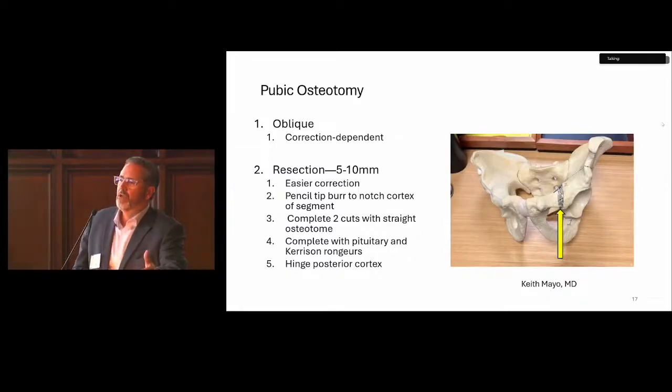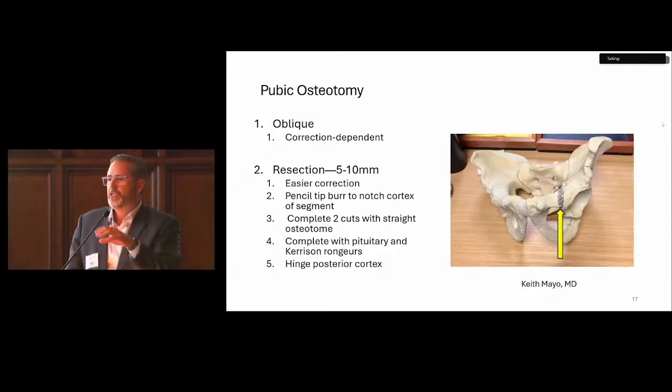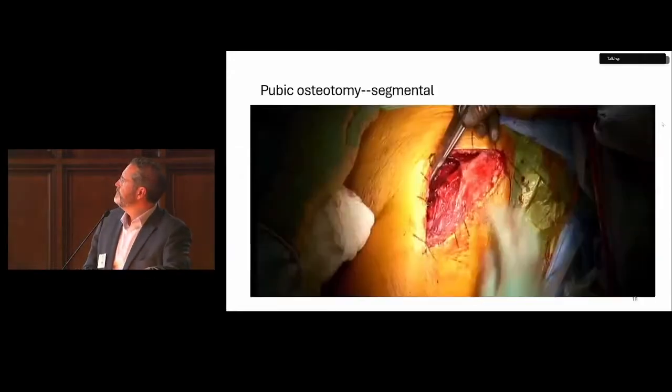But I think when you have a large correction like Rob showed in that last case, there is a higher risk of non-union just because of the amount of change in the position of the segment.